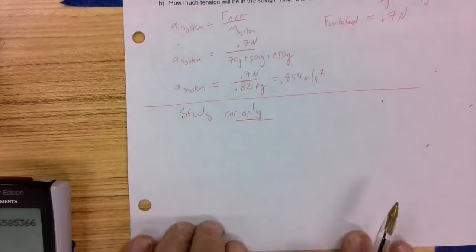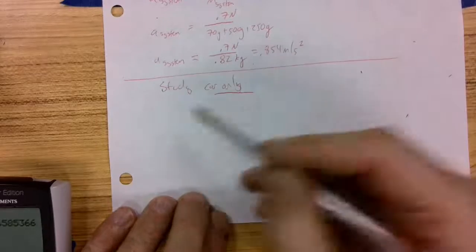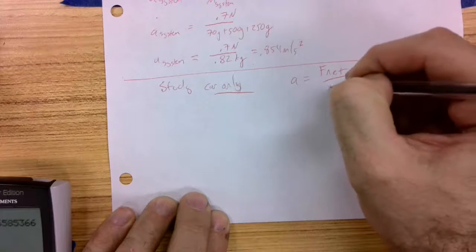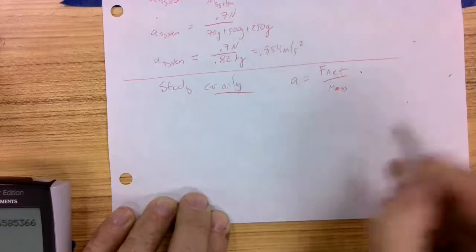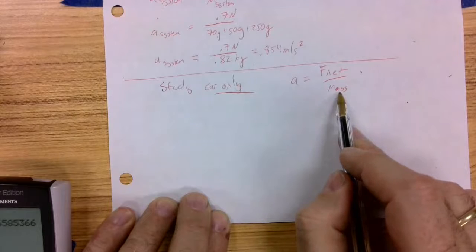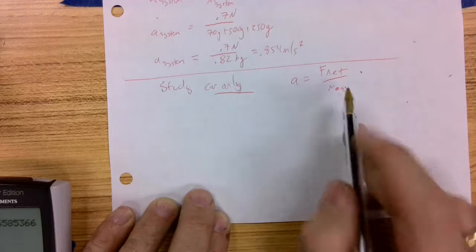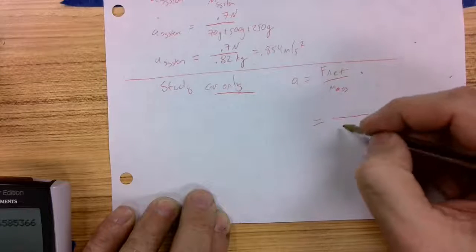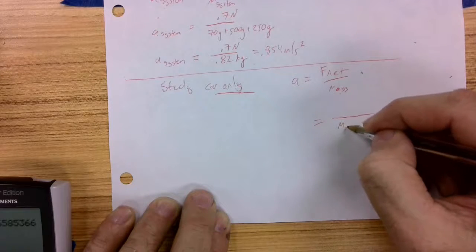There is one small trick which I'll let you discover on your own, but to study the car only, we have to choose carefully what mass we're going to include and not include. And I think the right choice is, if we're studying only the car, to include the mass of only the car plus what's on it.